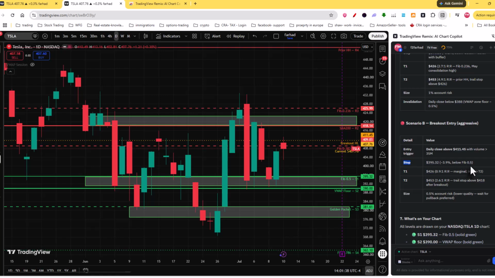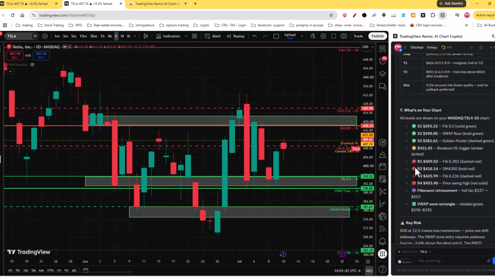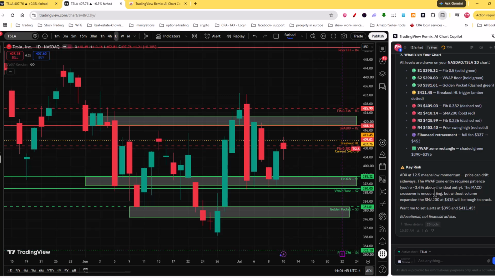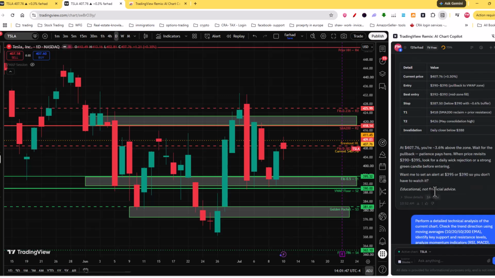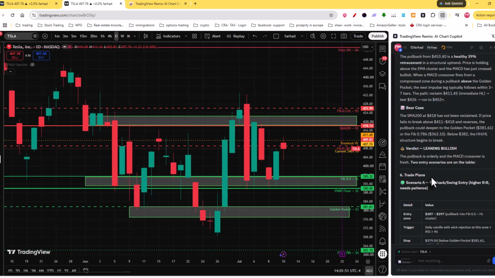Oh man, every time I read this, it blows my mind how easy it's gonna be trading with this AI Copilot. I love it. Again guys, this was just a touch.